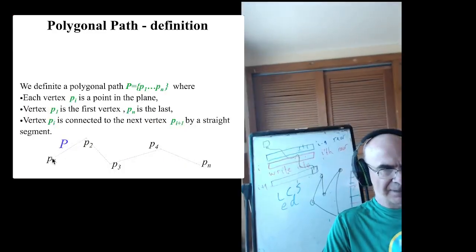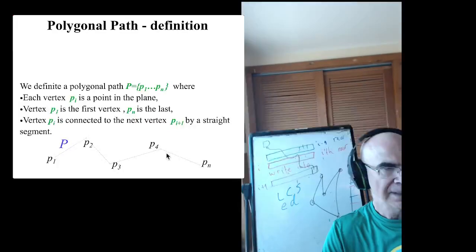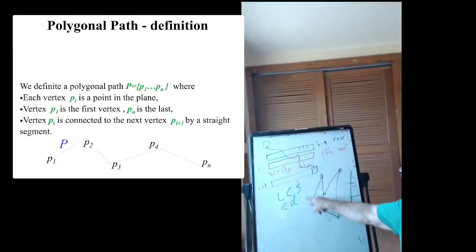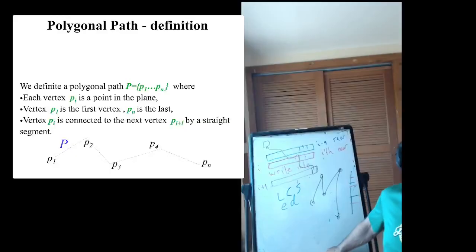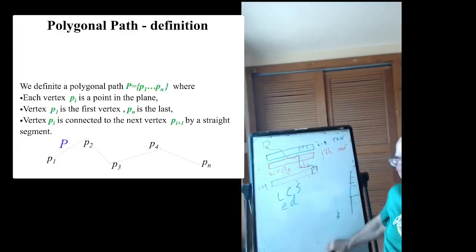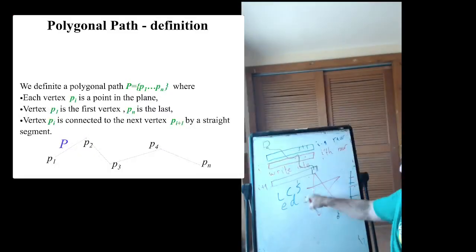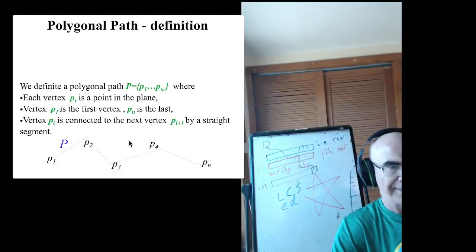And once I get to P2, I continue into P3 via a straight line segment, into P4, into P5, all the way up to Pn. That's what forms a polygonal path. It could be part of the scheme of a polygon if I close the path. This polygonal path might be self-intersecting. The last vertex might be the first one or not. I don't care. It's all a polygonal path.